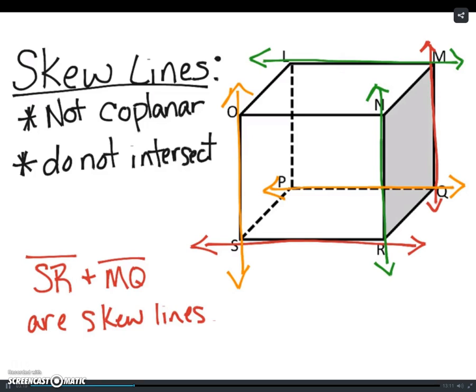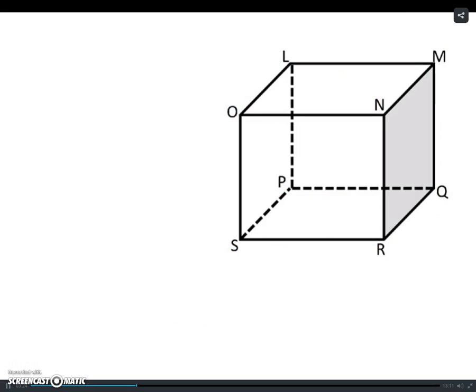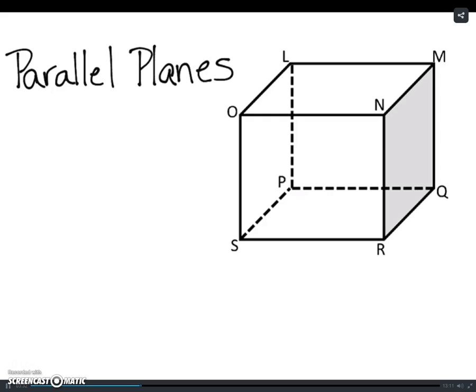Next, we're going to talk about parallel planes. Parallel planes are also going to be on a 3D figure, usually drawn on something like a box or a cube, this one, or a prism of some sort. When we're talking about parallel planes, we're interested in planes that do not intersect.